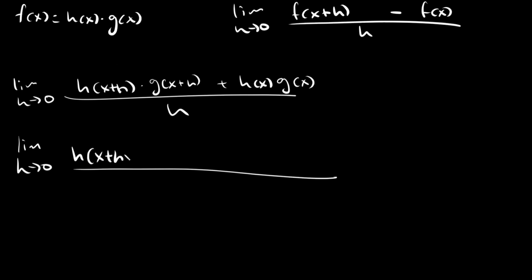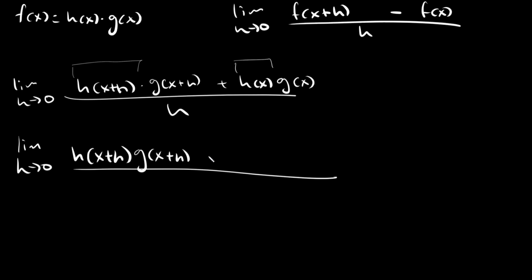So the thing that I want to do is factorize my h of x plus h. I want to factorize this and this, but I can't do that right now. I can't just factorize it.